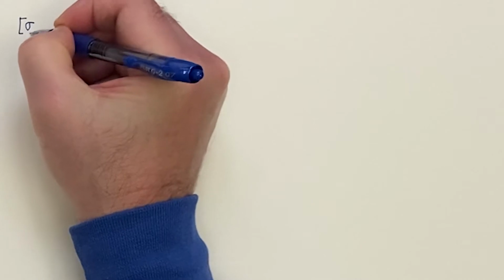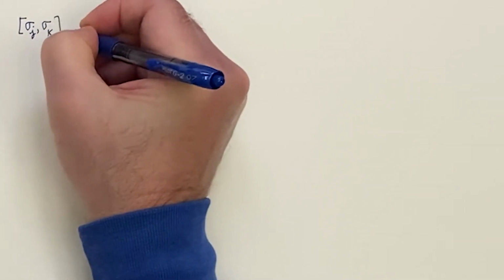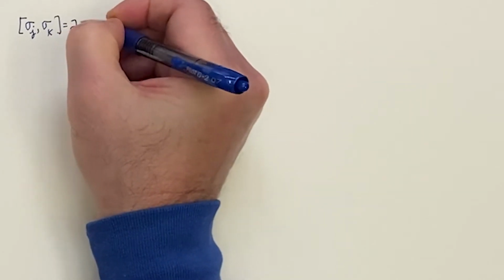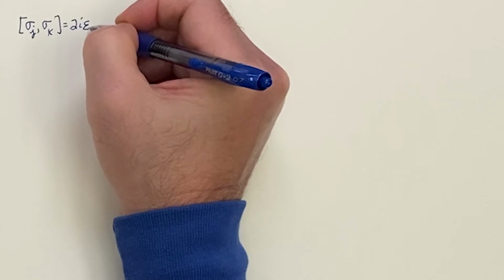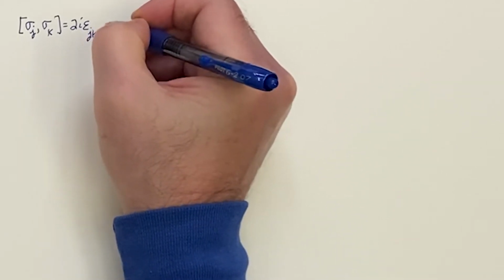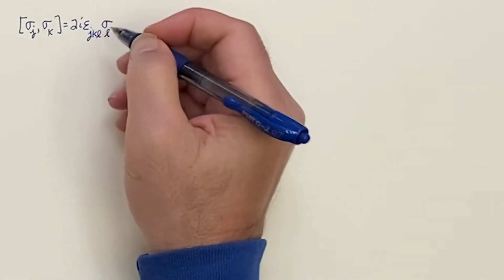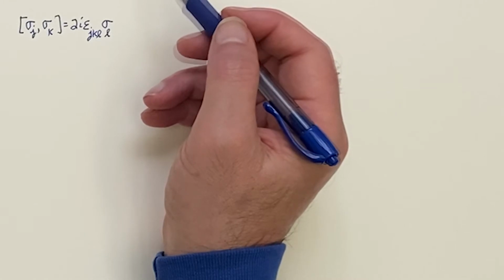We found that if you have the commutator of these, you get 2i, the permutation symbol here, J, K, L, and the sigma L. So the operators don't commute. So you need to consider that.